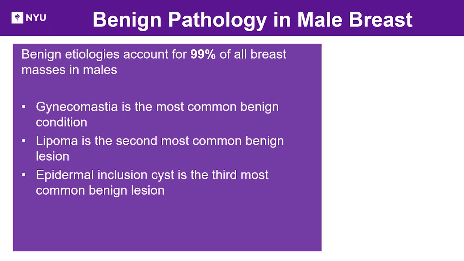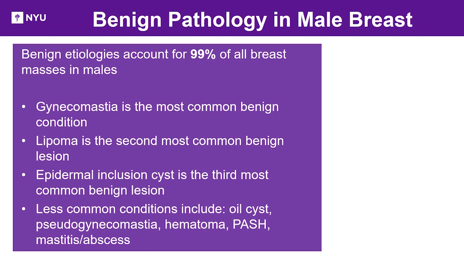The third one actually is an epidermal inclusion cyst. And less common conditions can include oil cysts, the pseudogynecomastia, that mainly fatty tissue I showed you, hematoma, PASH, and occasionally mastitis or abscess, although the clinical setting here is going to be more when you're suspicious of underlying infection.